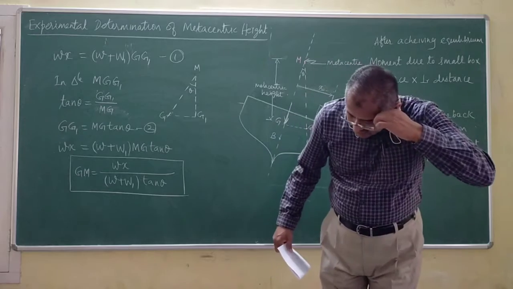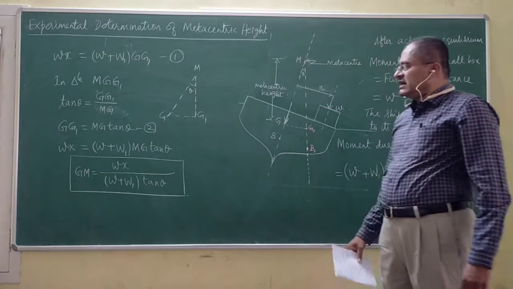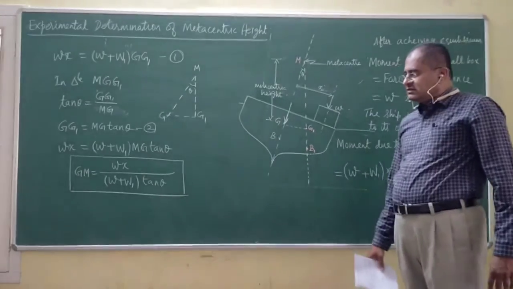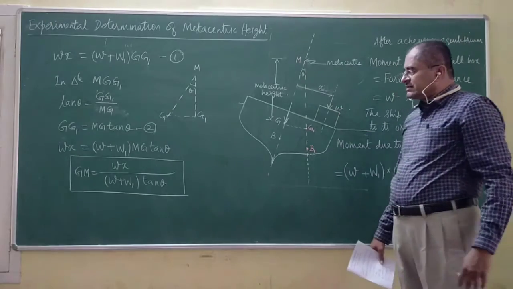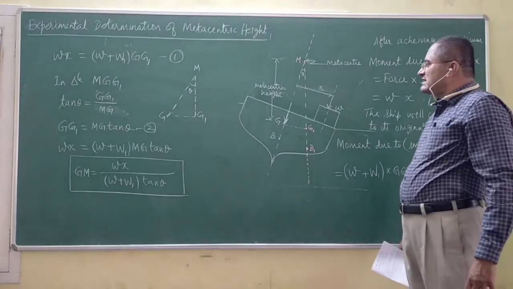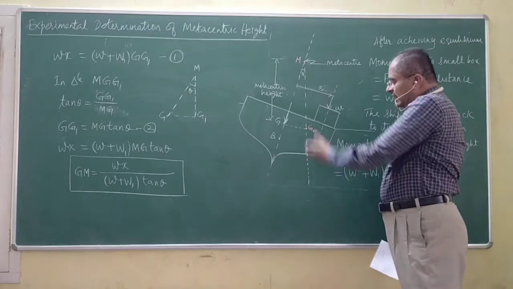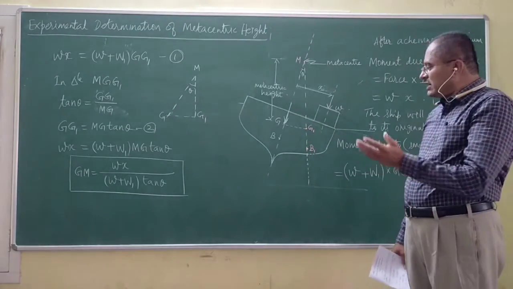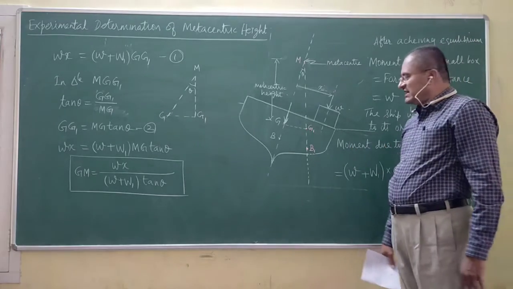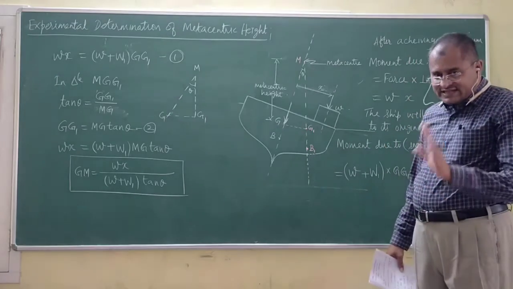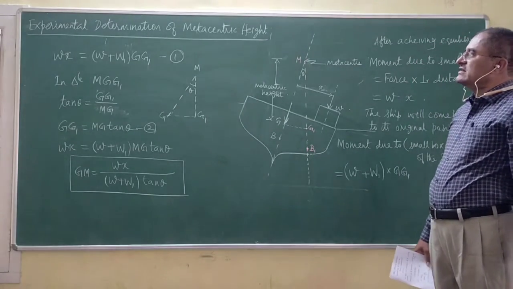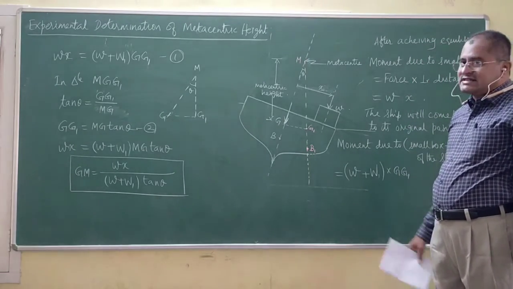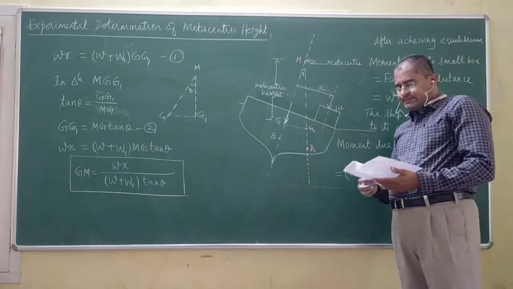Small w is the weight of the box, x is the displacement of that box, and theta is the angle subtended between the normal and the axis where you have the displaced center of buoyancy and center of gravity. So this is about experimental determination of metacentric height of a ship.